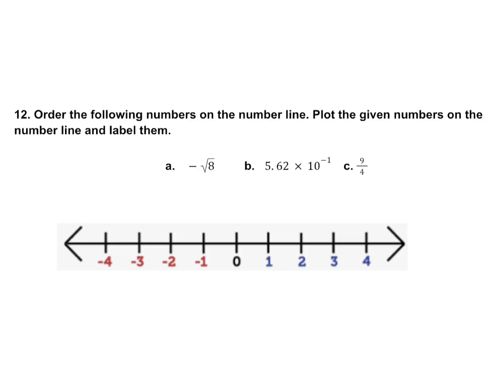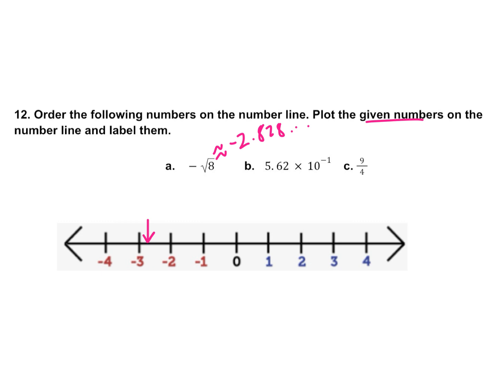And again, we're going to put these numbers on the number line and put the given number back on the number line. So go ahead and use your calculator to do the negative square root of 8. So that's going to be approximately negative 2.828 and so on. So the negative square root of 8 would fall just past the negative 2, but almost at 3.